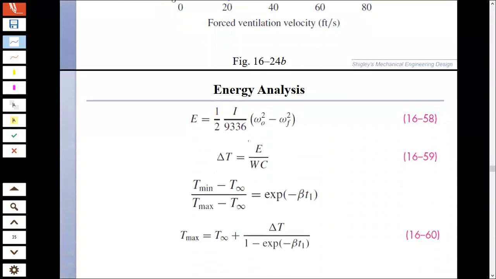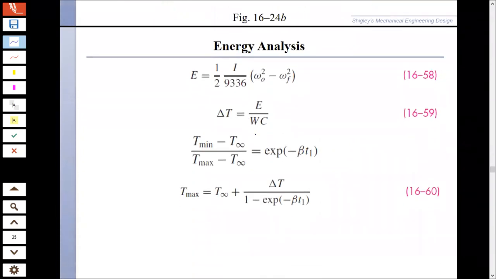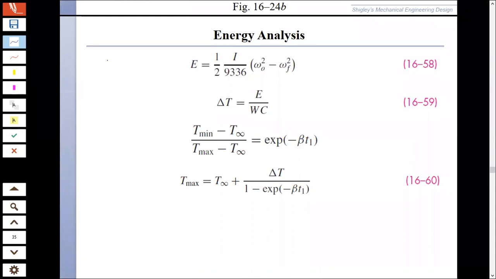Now, if we are talking about a brake, again, the heat that will be generated is equal to the energy, which is half I omega naught minus omega f square. This is the initial and the final velocity, times I, which is equivalent to mass.